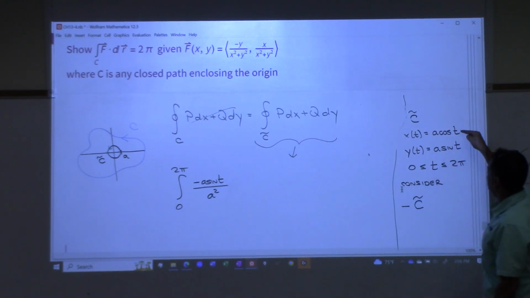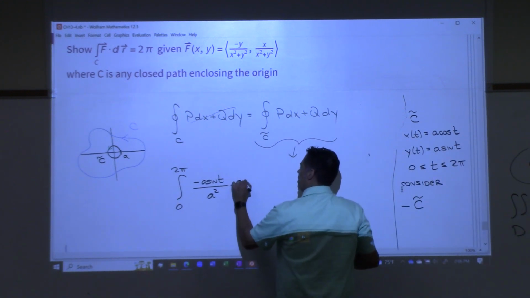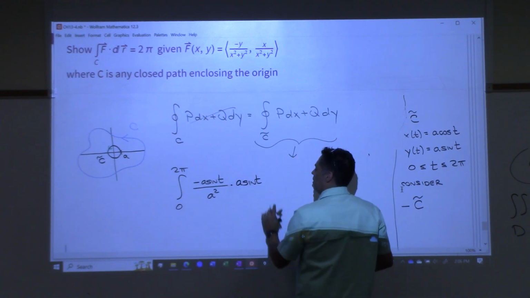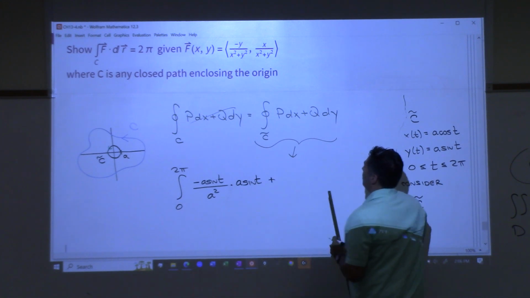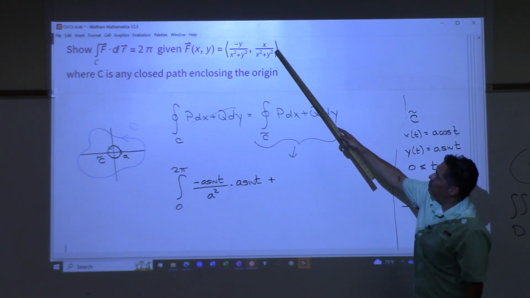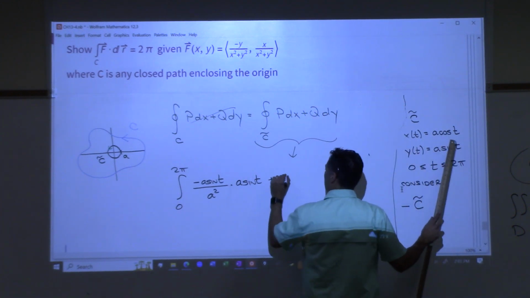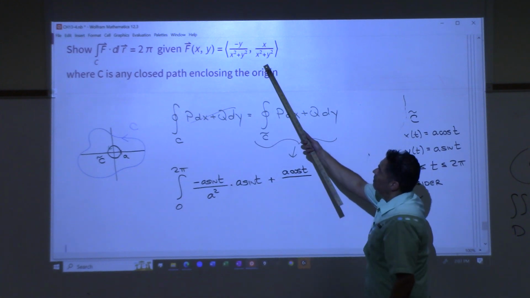Dx is the derivative of this right here, which is negative a sine t. Dt will come at the end. I now need to do this. Plus, what's Q for us? Well, Q is this one, isn't it? Replacing x with a cosine t over a squared again.